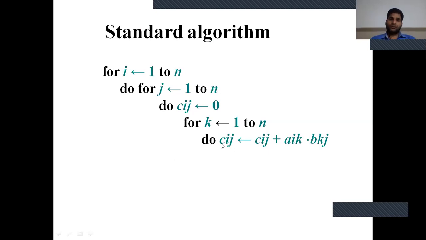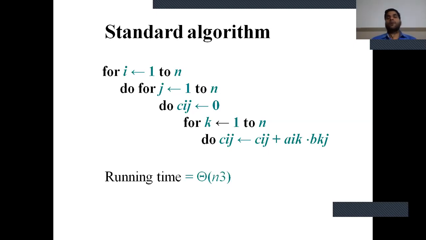So C11 is already computed for k equal to 1, then we multiply A matrix element 1,2 with B matrix element 2,1, and this product is added to Cij to find the value of C11. Similarly, k increases, and when k is completed then j increases, and when j is complete then i increases.